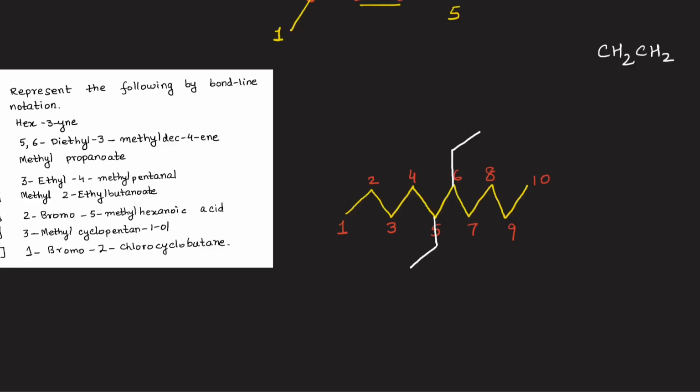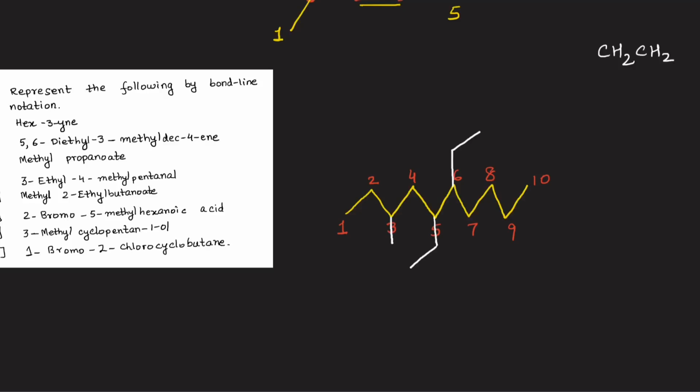And what do we have at the third position? We have a methyl group at the third position. So we'll simply again draw a line. Please notice I am not joining them. So we have here 5,6-diethyl 3-methyl dec-4-ene. Oh, by the way, we forgot the ene, the double bond at the fourth position.